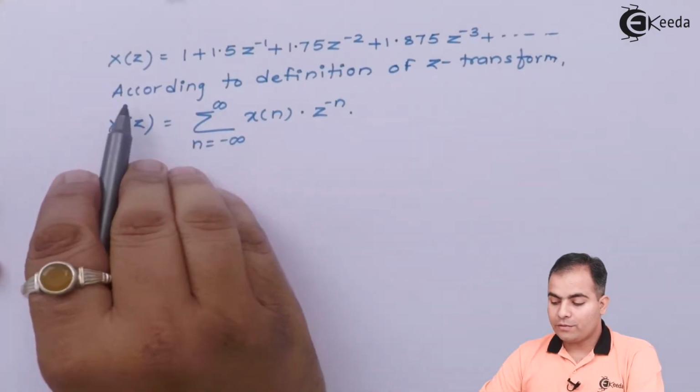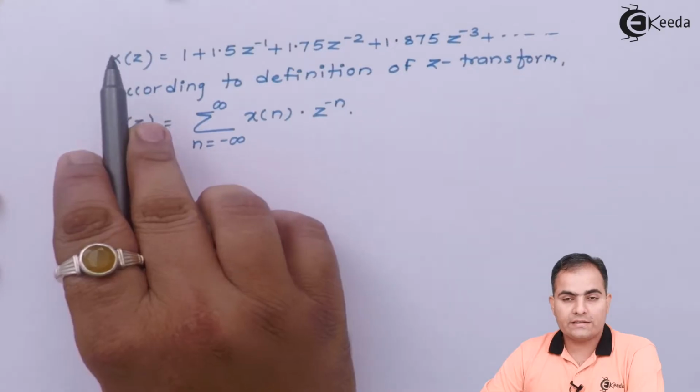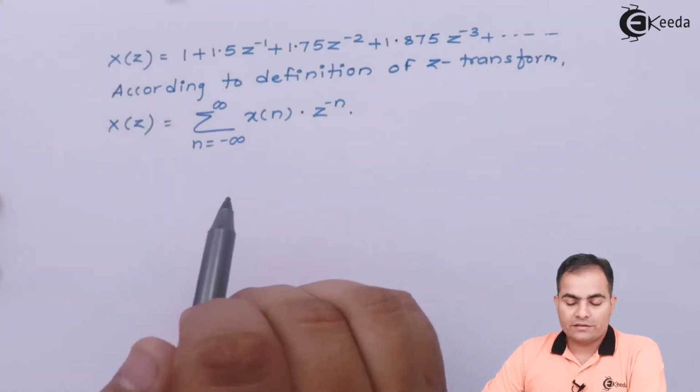So according to the definition of z transform, I am going to compare this quotient, or you can say the result of X of z, with the definition.